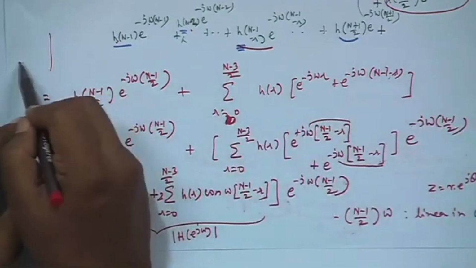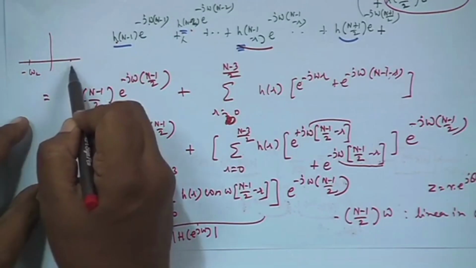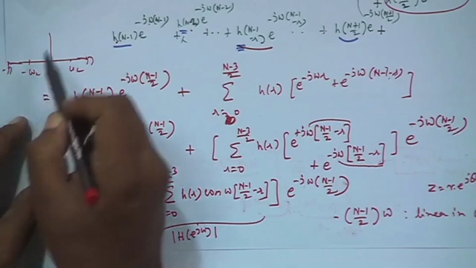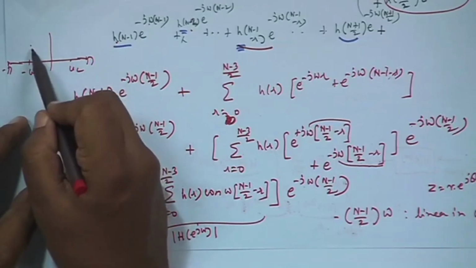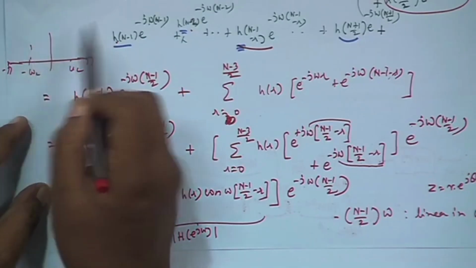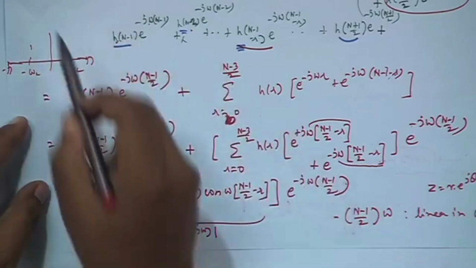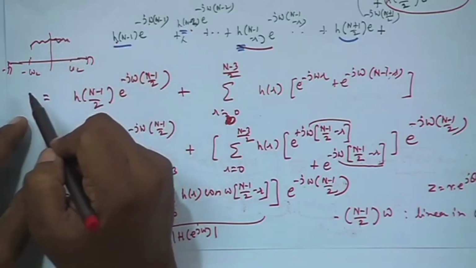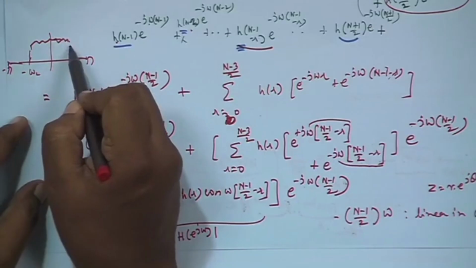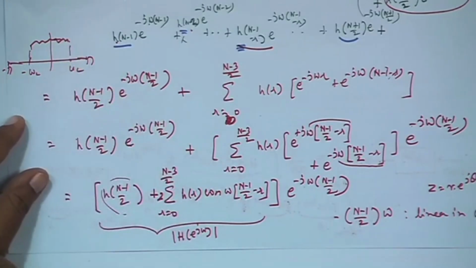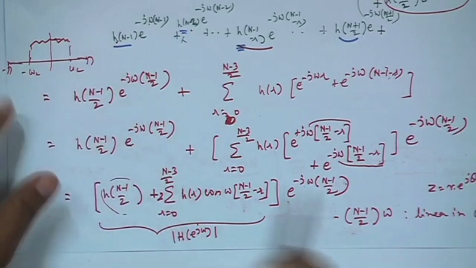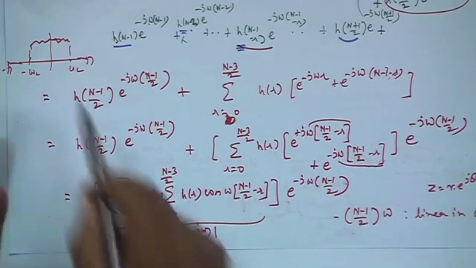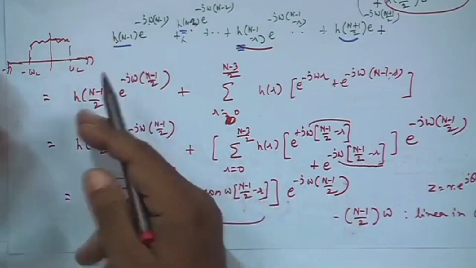Like if this is your minus omega c to omega c and this is pi here and minus pi there, you design the filter so that over this band it does not change, okay, does not alter much. Then it is linear phase. Then it is linear phase and it does not distort the input signal, because magnitude response is also kind of constant.